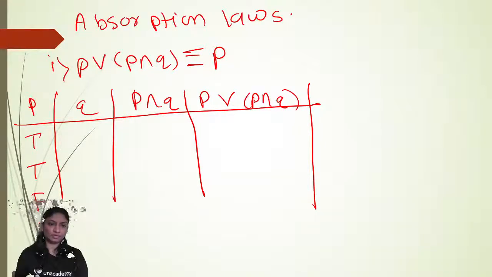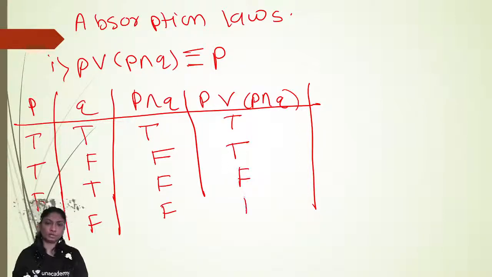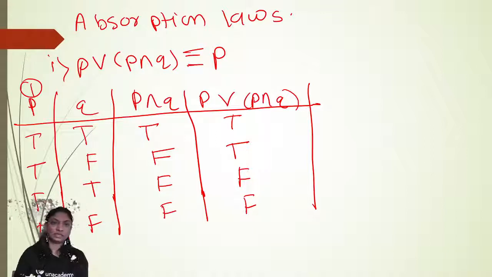P and Q: T, F, F, F. P or (P and Q): T, T, F, F. Now, if you observe, the first and second are TTFF, TTFF.